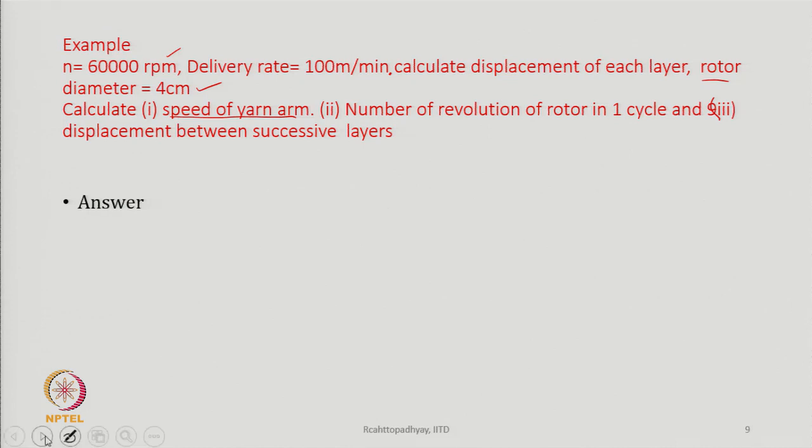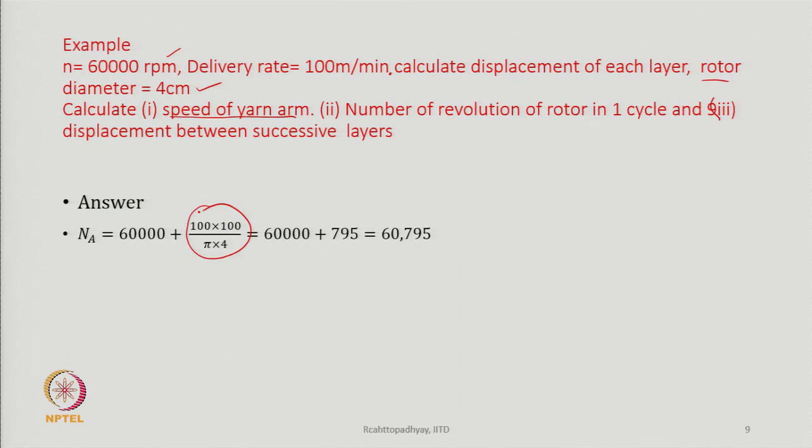And if we want to solve this, first of all, we want to know the speed of the yarn arm. The speed of the yarn arm will be the speed of the rotor plus the yarn withdrawal rate or delivery rate, which is 100 meters per minute.